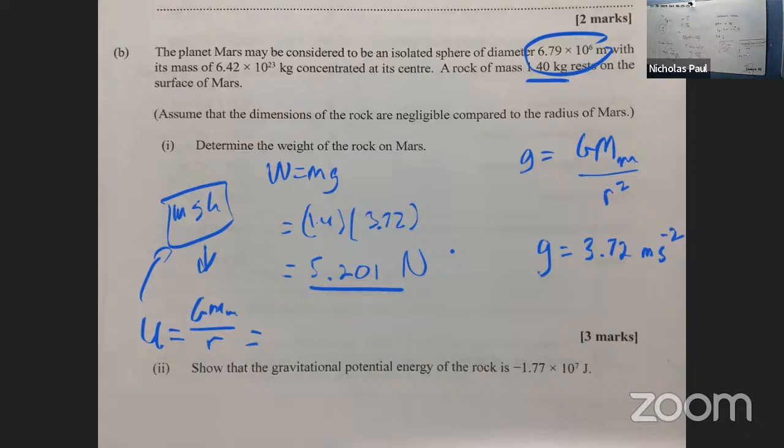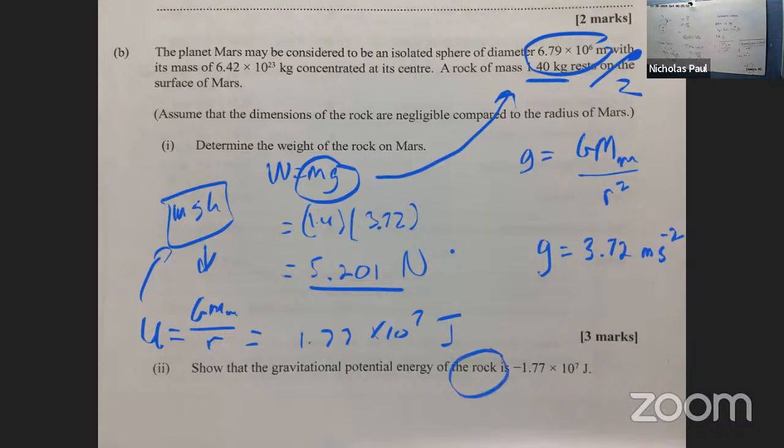Okay, that's right. If you multiply it out, you should get it. Even if you use mg by h, where h is half of this, you should be able to get the same value. Remember they have the potential energy of the rock.